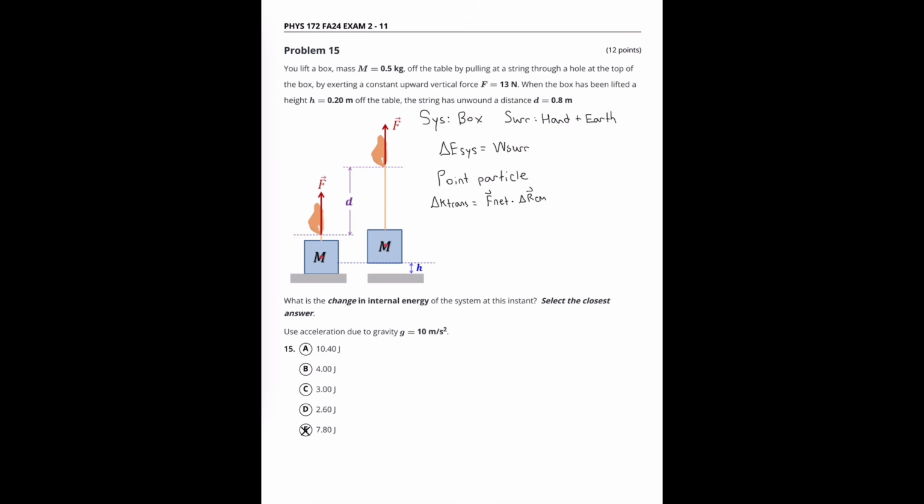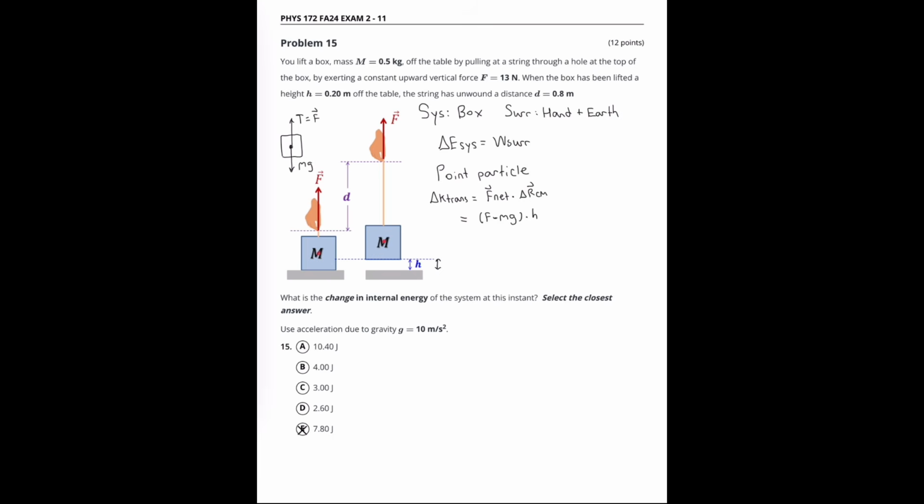So if we draw a quick free body diagram, we have gravity acting downward, mg, and we have our tension force by our hand acting upward, and I'll call that T, but it's equal to F. So we have that the translational kinetic energy is equal to F minus mg times the height h. It has gone up.